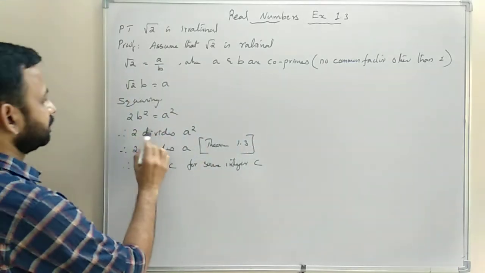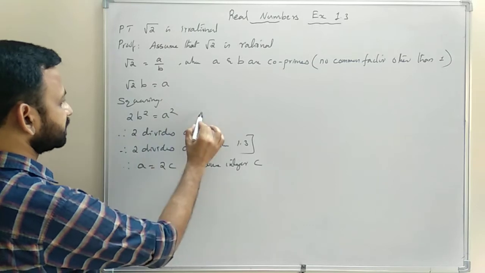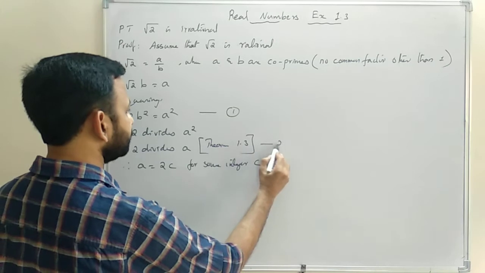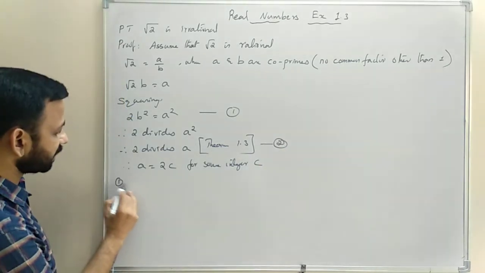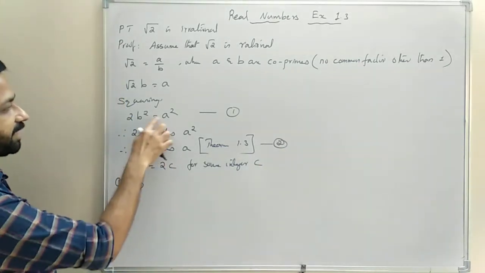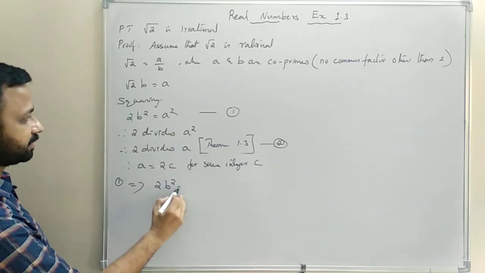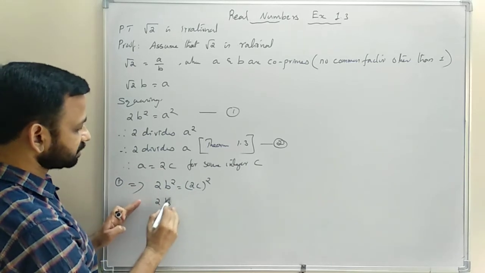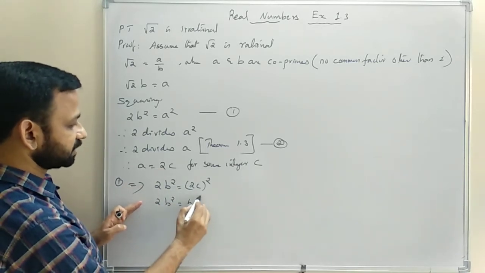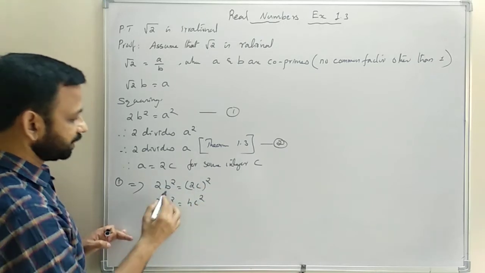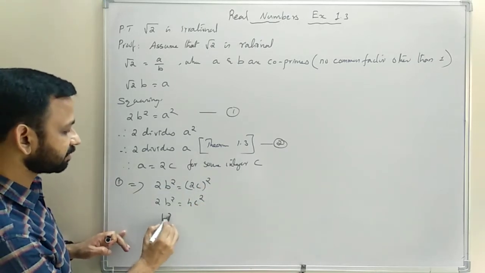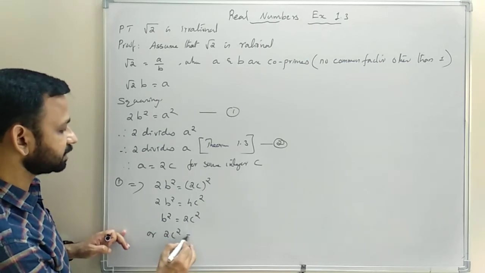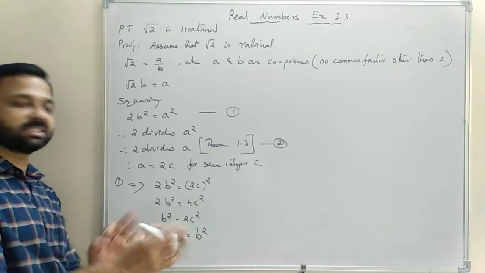So a is equal to 2c. We take this as statement 2, and equation 1 is 2b square equal to a square. Replacing a with 2c, 2b square is equal to 2c whole square, that is 4c square. 2 and 4 cancel, so b square is equal to 2c square, or we can write 2c square is equal to b square, interchanging LHS and RHS.